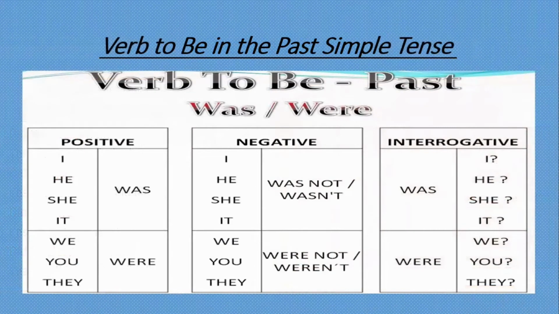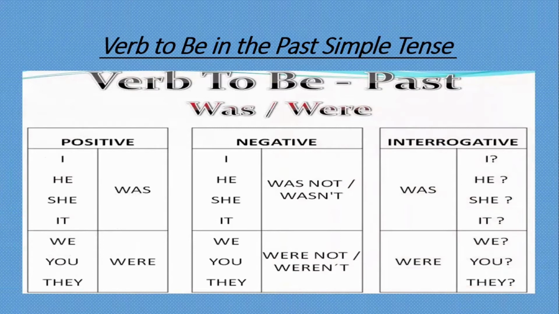After that, we have verb to be, because verb to be is an irregular verb. Verb to be in the past simple has two shapes, was and were. Was with singular and were with plural subjects. So I can say I was, he was, she was, it was, and for were, we were, you were, and they were.